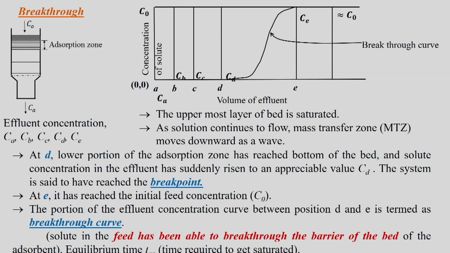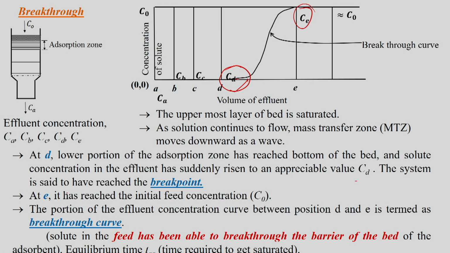And for the breakthrough, the concentration of the solute in the effluent will shoot up from CD to CE. At point D, the lower portion of the adsorption zone has reached the bottom of the bed, and the solute concentration in the effluent has suddenly risen to the appreciable value CD.